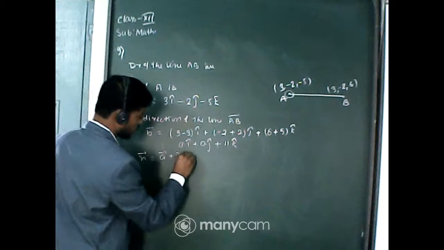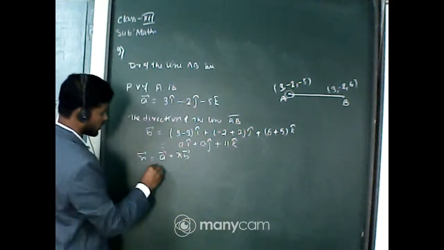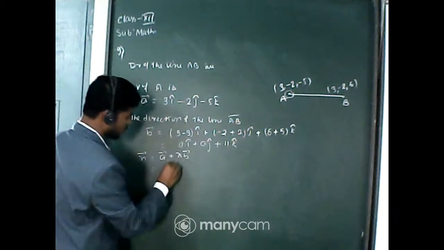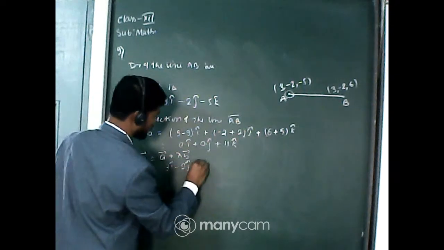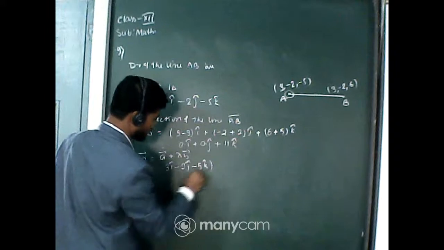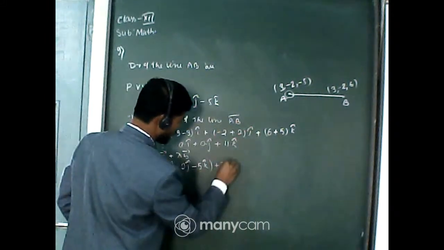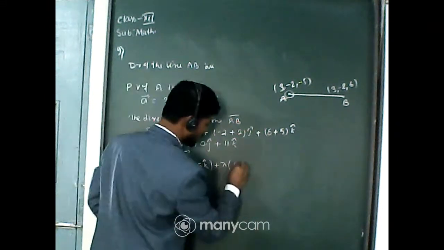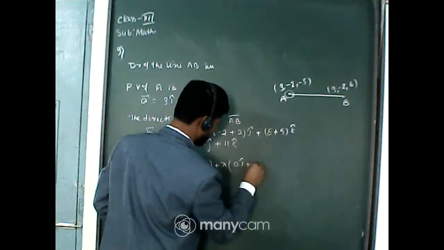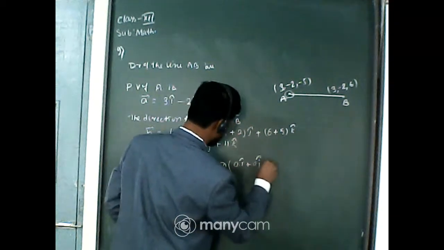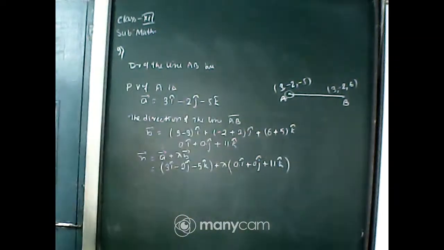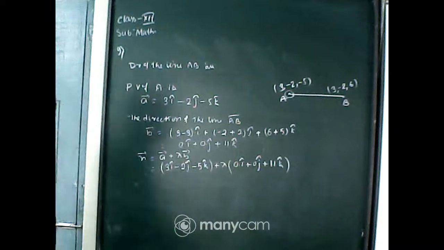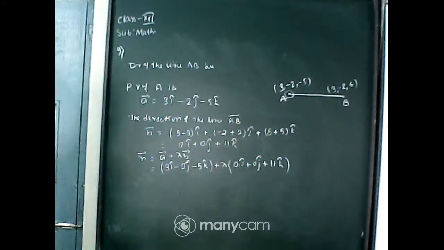Now just put in the values: a vector is equal to 3i cap minus 2j cap minus 5k cap plus lambda into b vector, meaning 0i cap plus 0j cap plus 11k cap. So this is the vector equation of the line passing through these two given points. Okay, and hence it is completed.